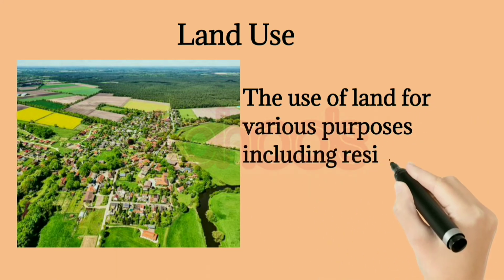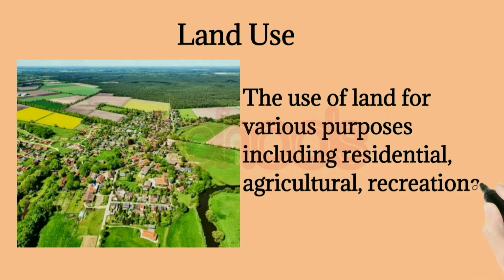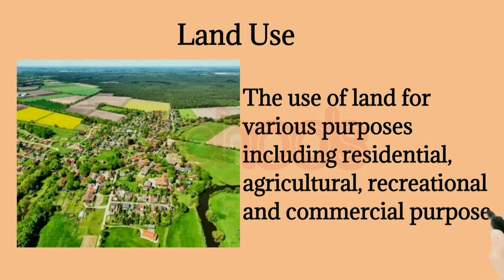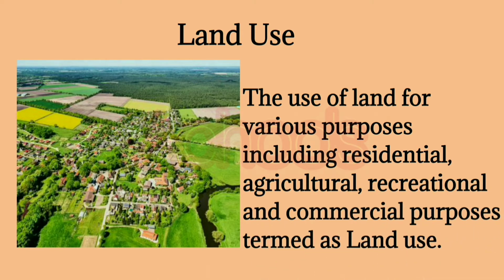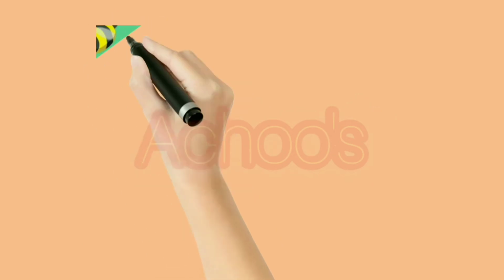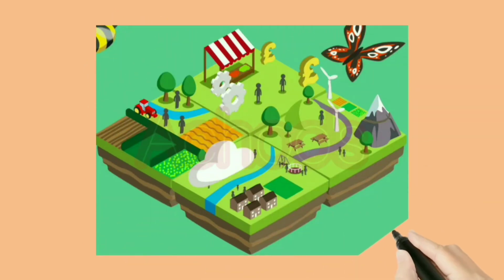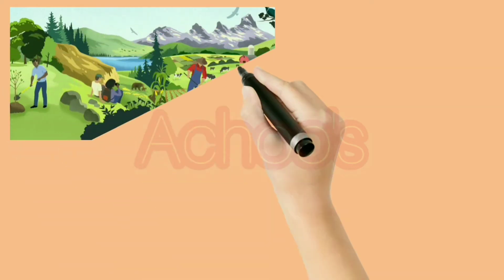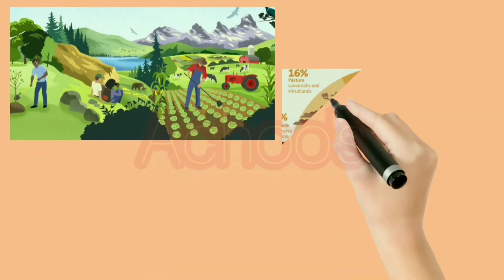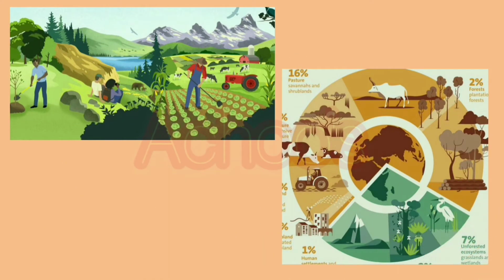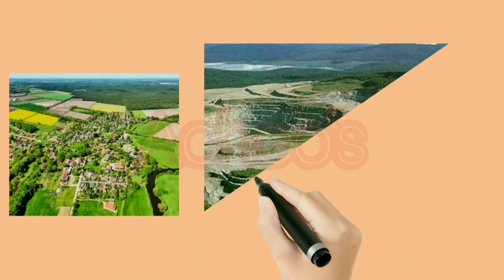For example, residential, agricultural, recreational, and commercial purposes is termed as land use. And land resources can be put to many alternative uses. For example, a piece of fertile land is used for growing crops, whereas mineral rich land areas are used for mining.